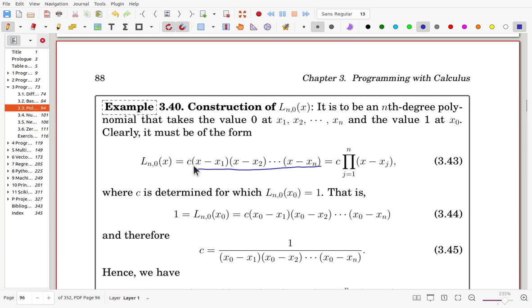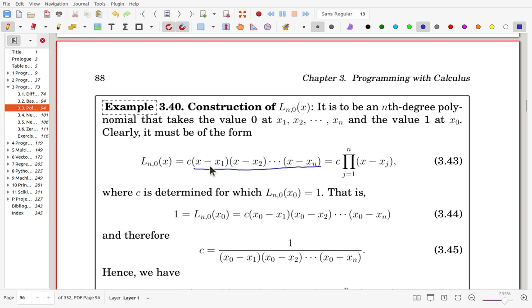Now, this one is already an nth degree polynomial, so possible changes are only along with a constant multiple. So we start with that one for Ln0.